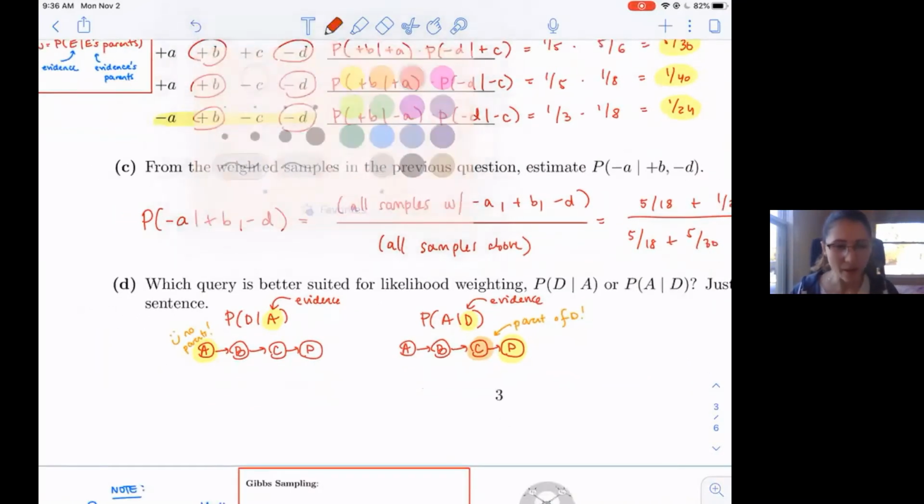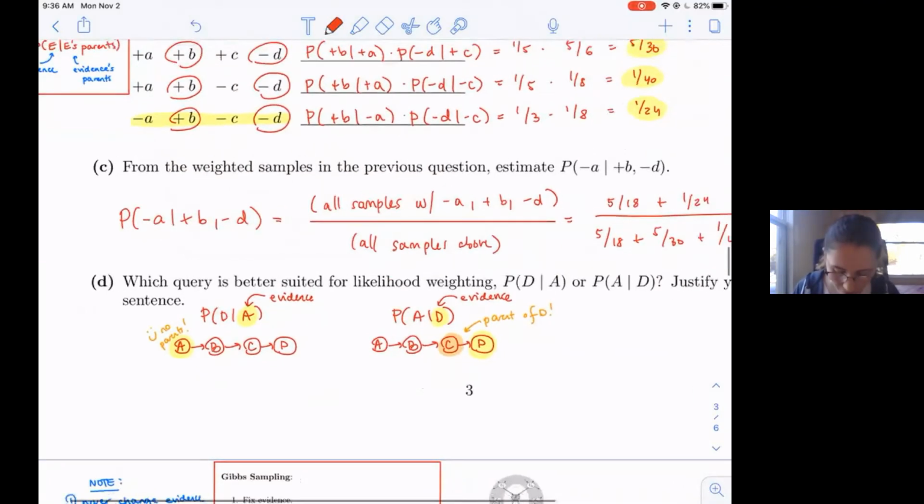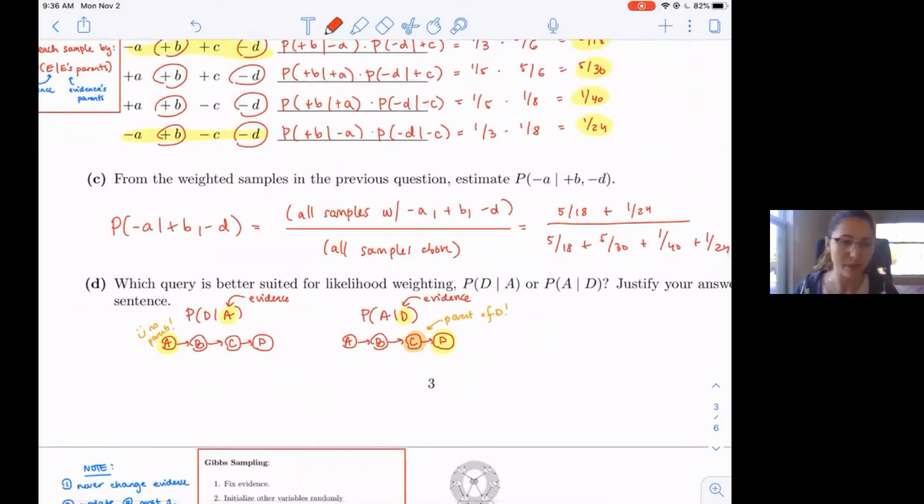And so when we think about which of these two conditional distributions is better for likelihood weighting, you can think of it as, if we condition on A, then A doesn't have any parents.